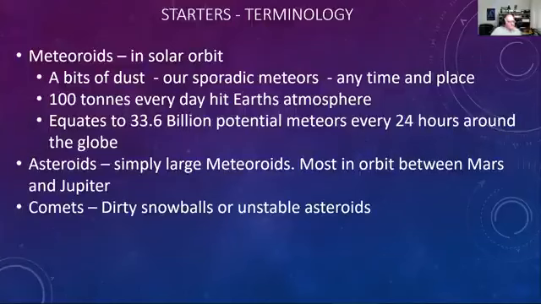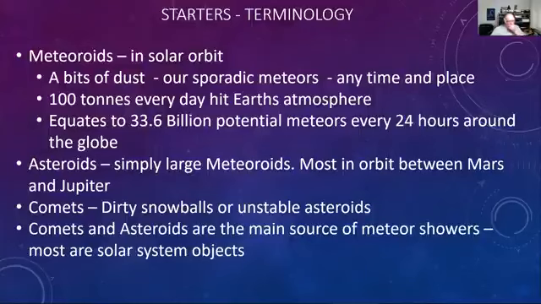Comets are just dirty snowballs. NASA have recently, 2 or 3 years ago, reclassified some of them. They were always a dirty snowball, but now they've identified asteroids which are flaking apart. So there's a slightly broader description for what a comet is these days, according to NASA.